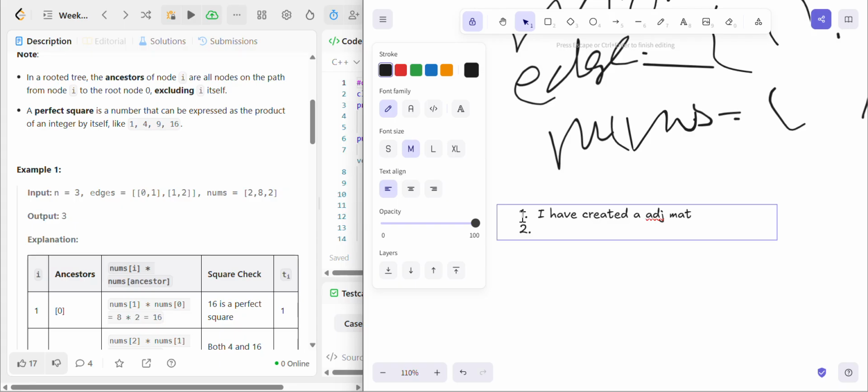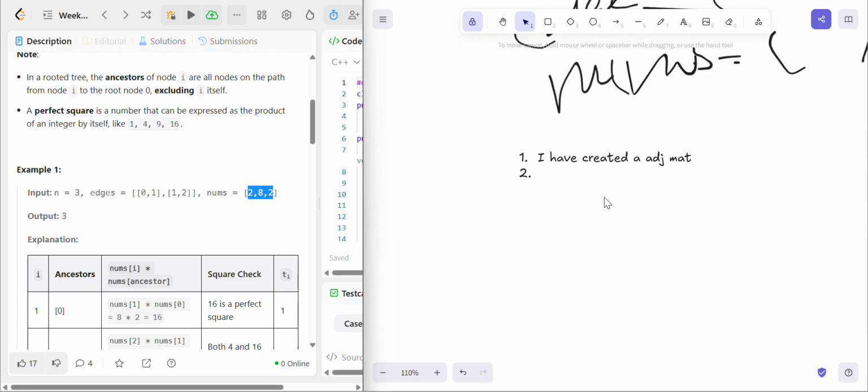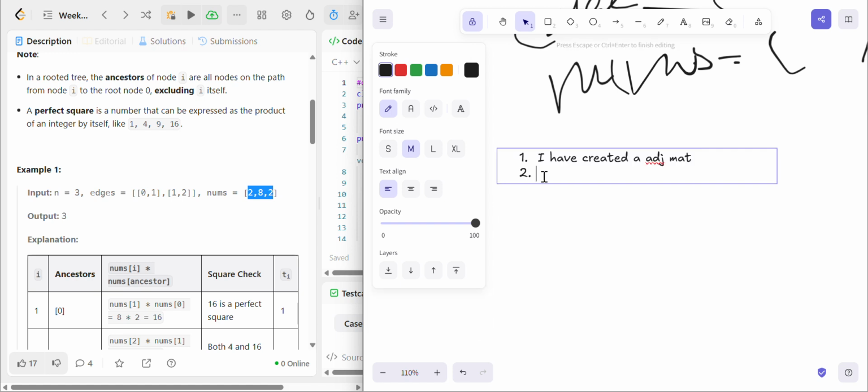Then for each nums value, how can we tell that the product of two numbers is a perfect square?